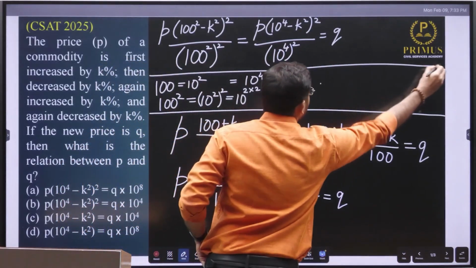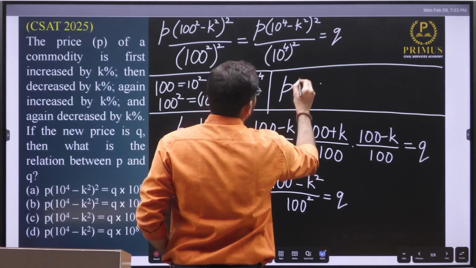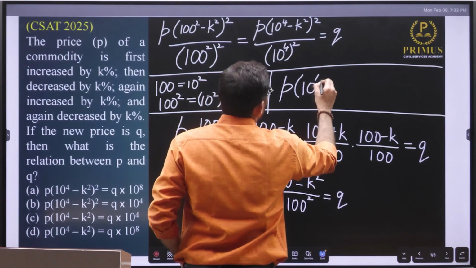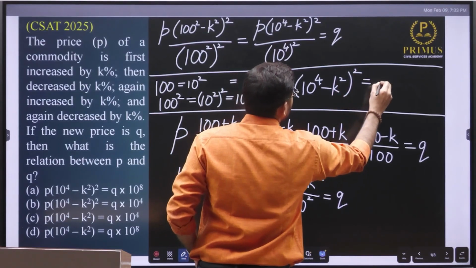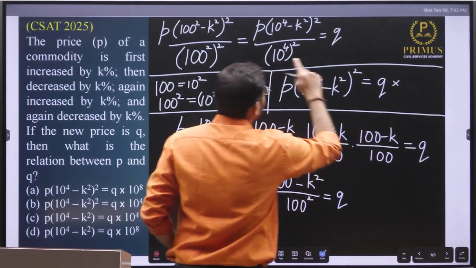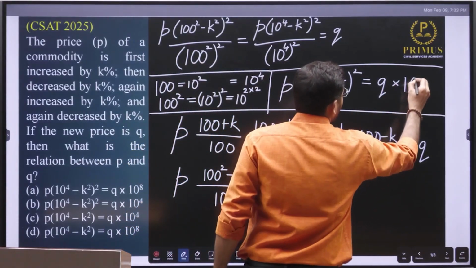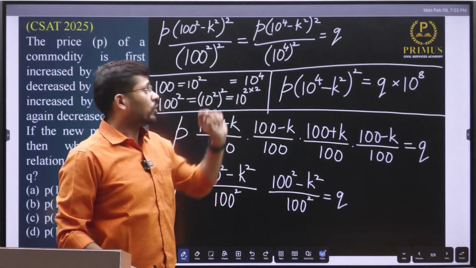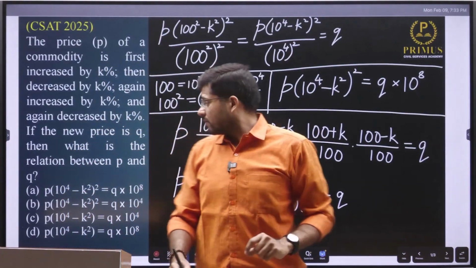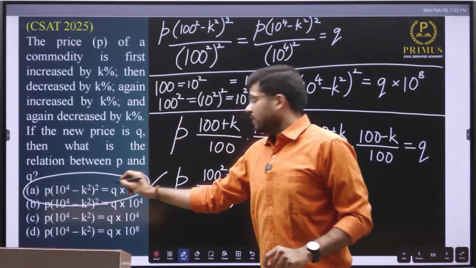So finally, if I send this here, P into (10 raised to 4 minus k square) whole square equals Q multiplied with 10 power 8. So this will be the final relation between P and Q. And this matches with option A, and that is our answer.